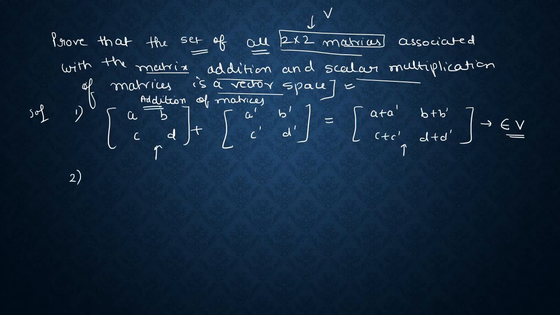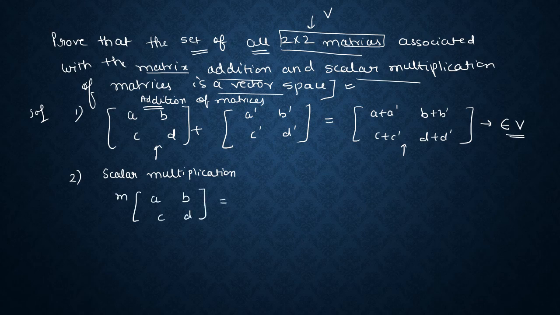Now if we talk about the multiplication part, whether it is showing the closure property for scalars as well. So let's see. We take any scalar, let's say m, and we multiply it with a 2 by 2 matrix.